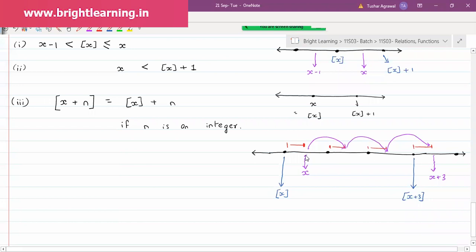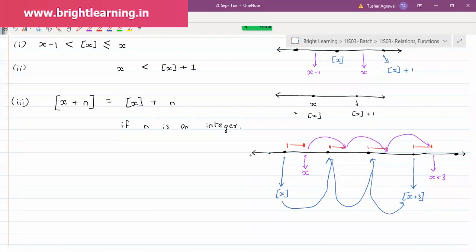So you jump along the purple lines and then take the step function, or you jump along the blue lines and take the step function. Can you see the picturization of this property? The jump will always be of 3 units. That 3 is actually the jump of n.